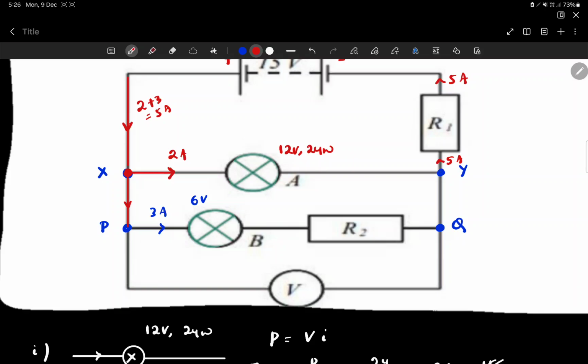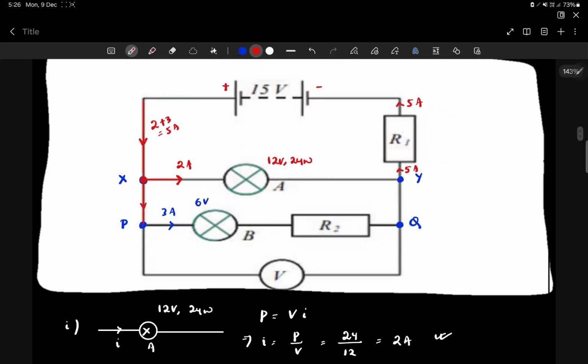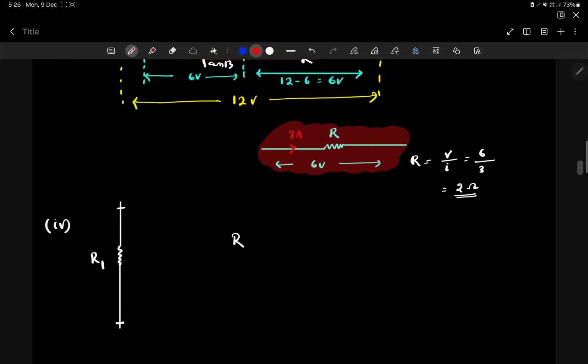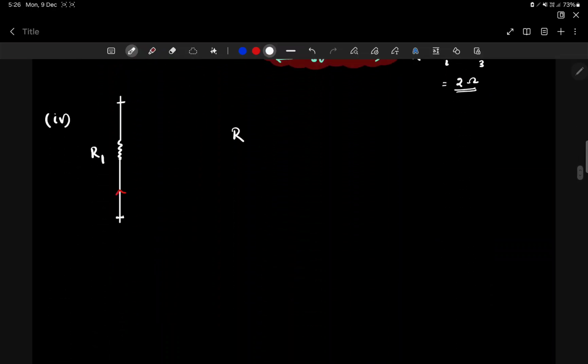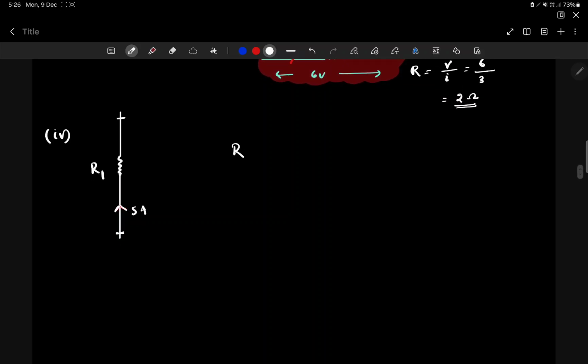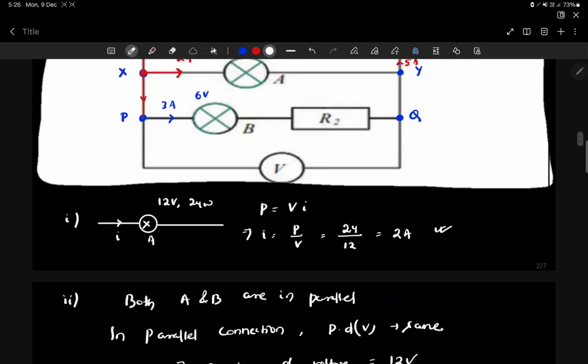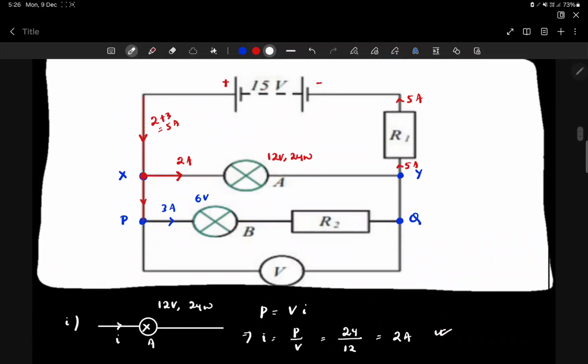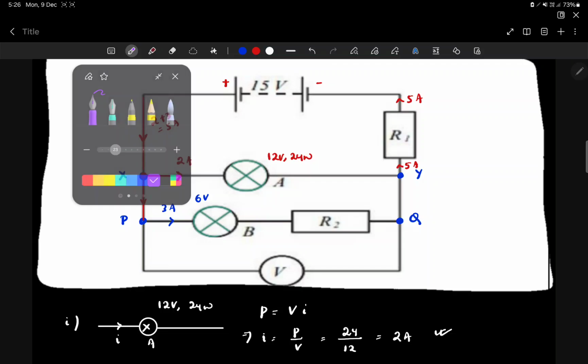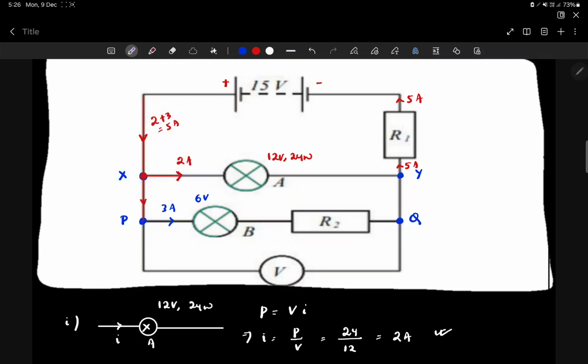So as per the given figure, the current through R1 is 5 ampere. Now our aim is to calculate the potential difference across R1. Again, all of you observe this figure. What is the potential difference across R1? In this figure, if you simplify it, this is your parallel connection.